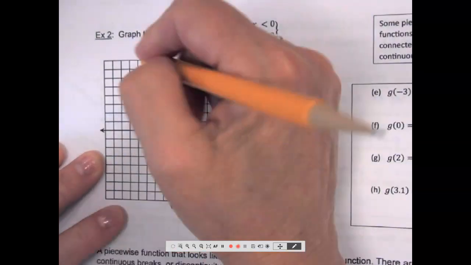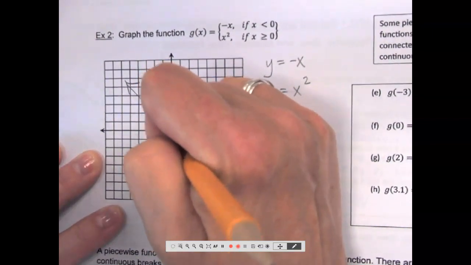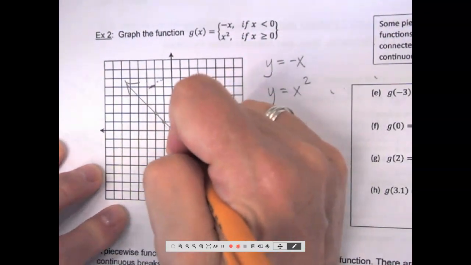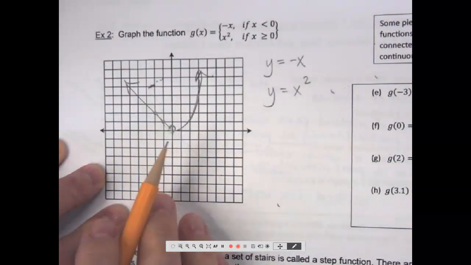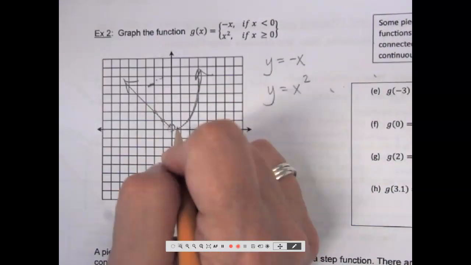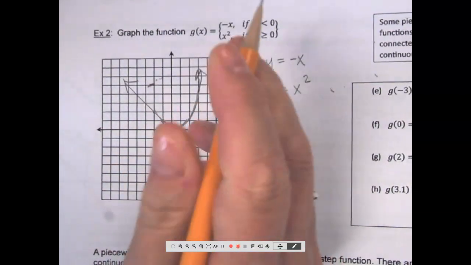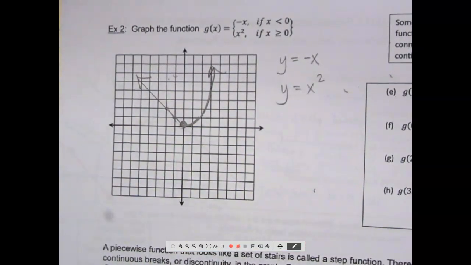I do not want these things to the left, and I do want to keep this to the right. Now, do I include this point? Yes. It happens to meet up in the same point, so really I'm just coloring in that circle so that point is included in my whole graph, but it's not overlapped because one of them was technically an open circle.